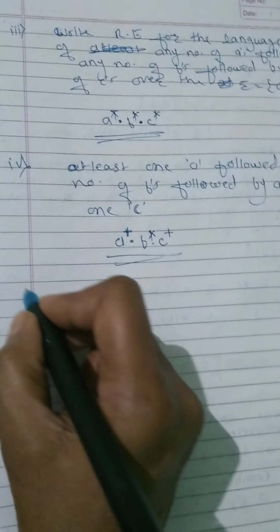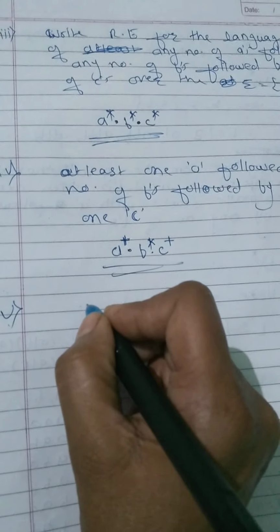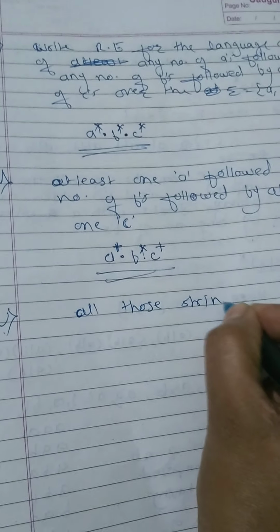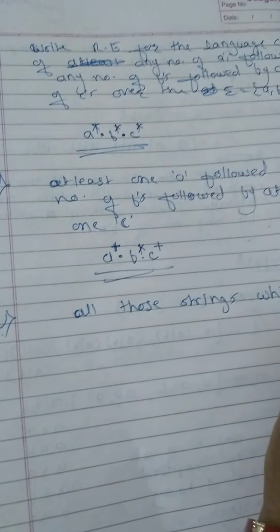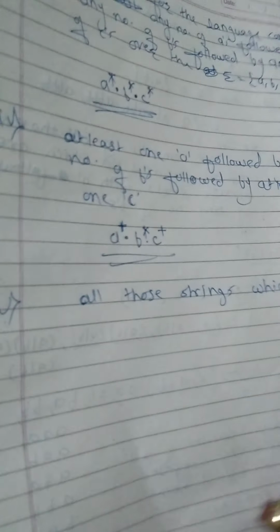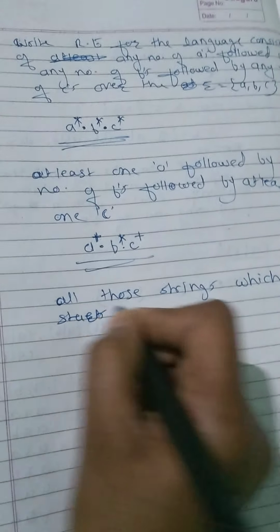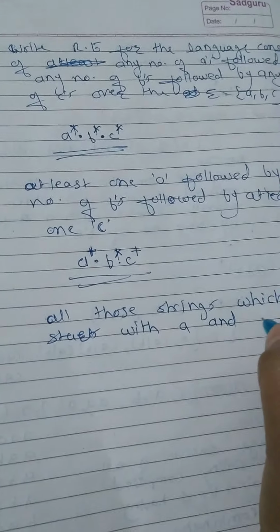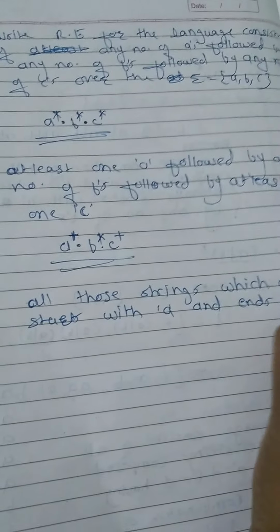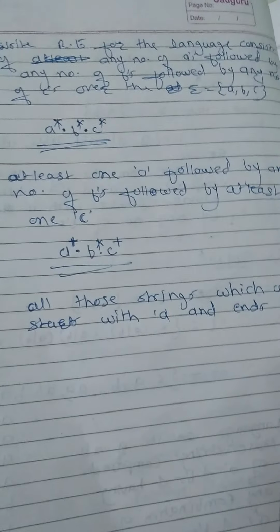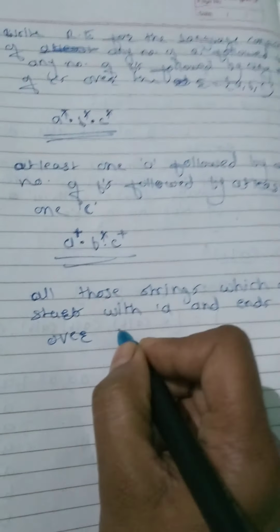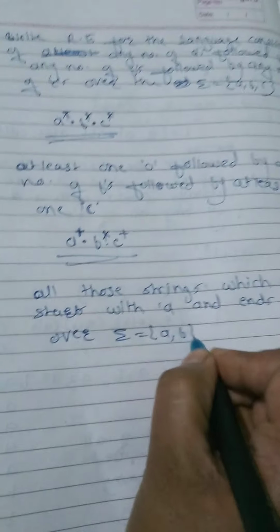Now next one: all those strings which always start with A and end in B, over the alphabet {A, B}.